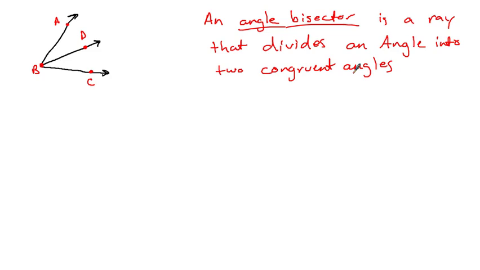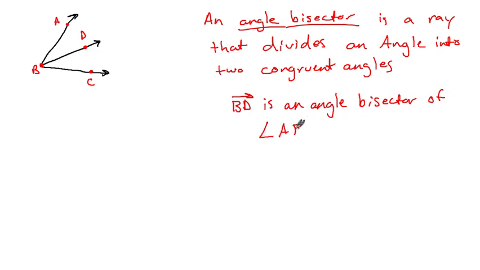Okay, we need to know what an angle bisector is. Now, I just said those angles are congruent, right? So in our picture here, ray BD is an angle bisector of angle ABC.